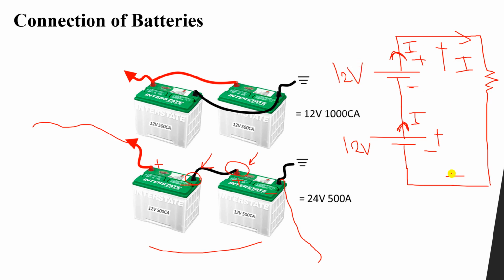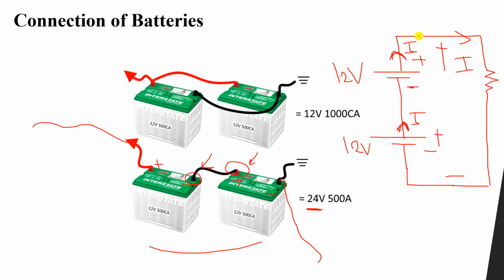So the total voltage across the load is 24 volt. As you can see, a 12 volt battery in series with another 12 volt battery gives us 24 volt, the summation of the two voltages, and the current will be the same.